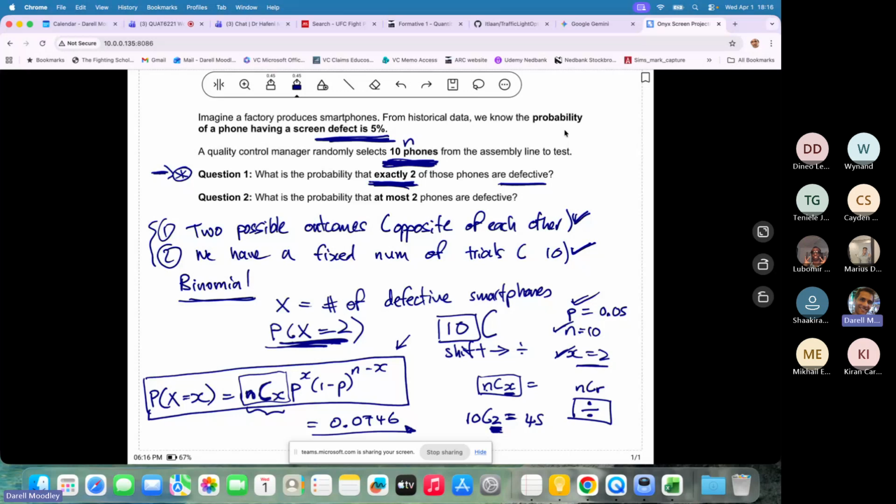That's how you work out probabilities for the binomial distribution. So you need to get comfortable with using this equation.